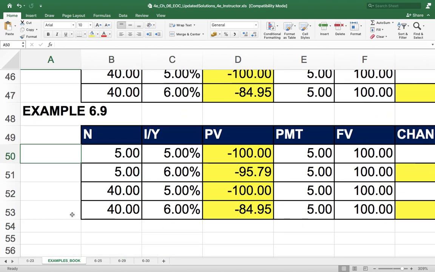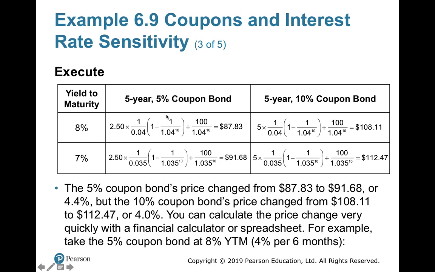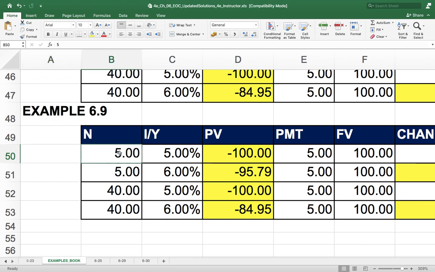What is the data given there? 5-year for both the bonds and semi-annual bonds. So let us make the n 10. There is no change in the n. It is kept as 10 periods.